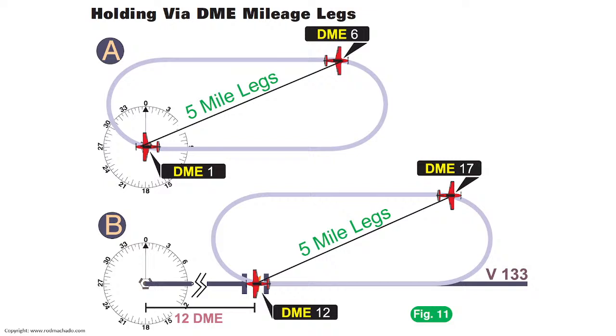It's close enough. But if they tell you to hold at a location and do 5-mile legs, you have to know that for every 6,000 feet, you're 1 mile off. So if you're holding 2 mile at 12,000 feet, your 0 becomes 2. And so you'll do 2 to 7. Does that make sense? Okay.